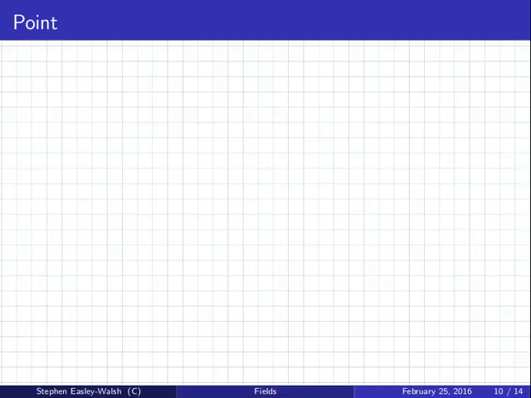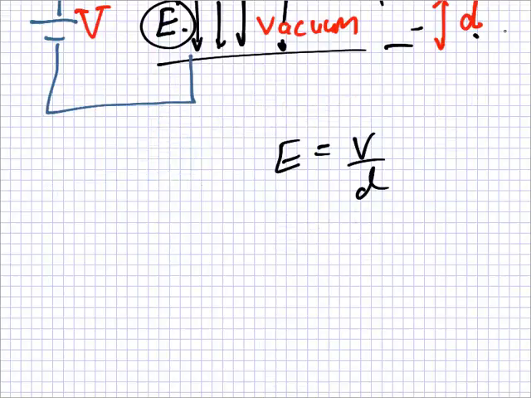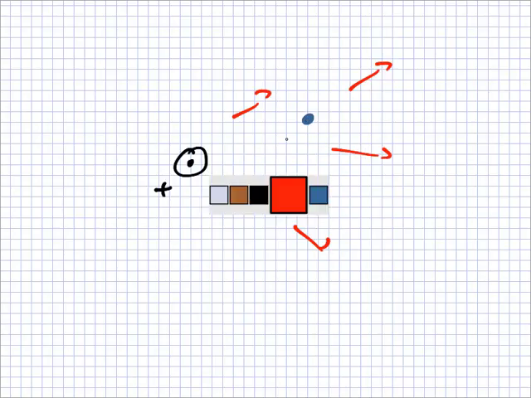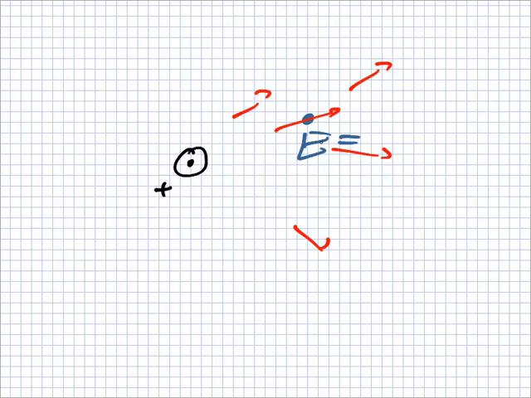Okay, now we have a different situation if you have a point charge. So imagine I have a positive charge here, and there's a field. I want to know what the electric field strength is here, for example. What do you think that would depend on?